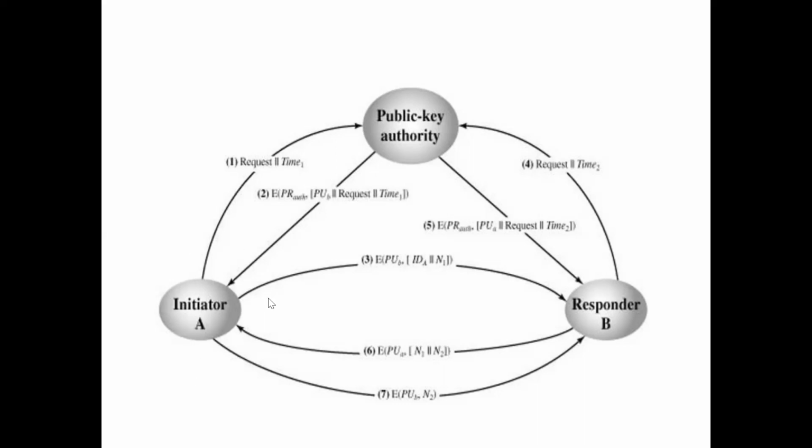And in the third step, the initiator sends an encrypted message to the responder. What does it include? The identification of the initiator, ID, and some nonce, N1, which means some other additional information.